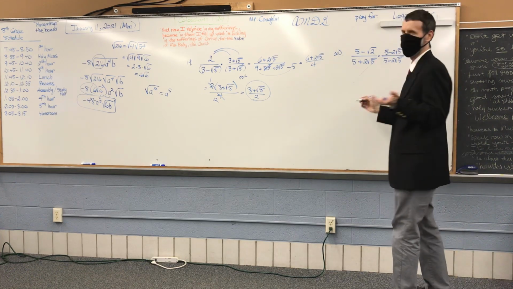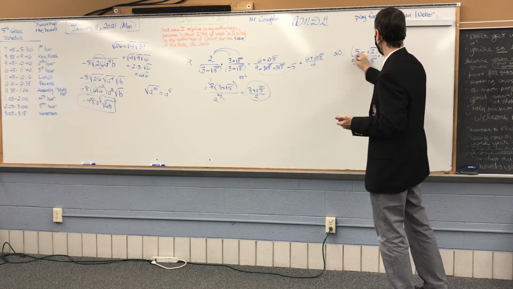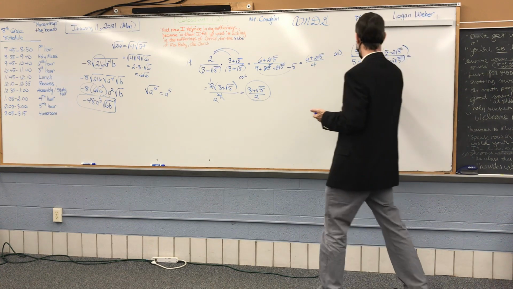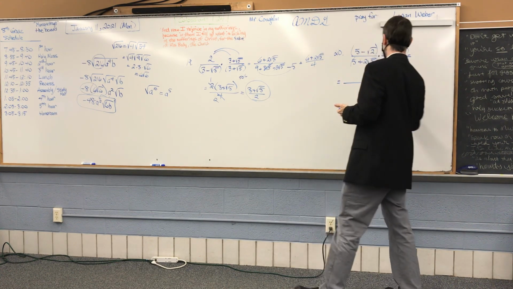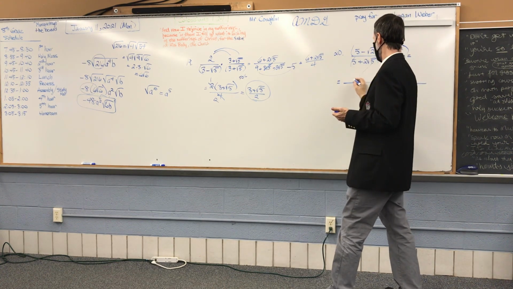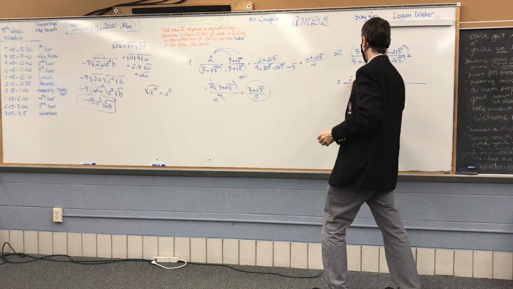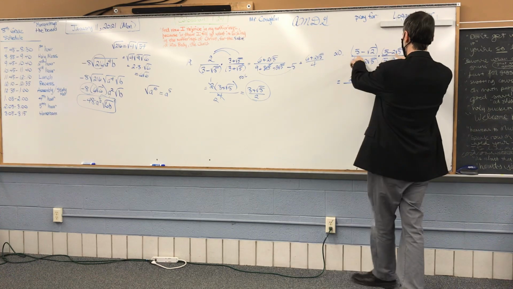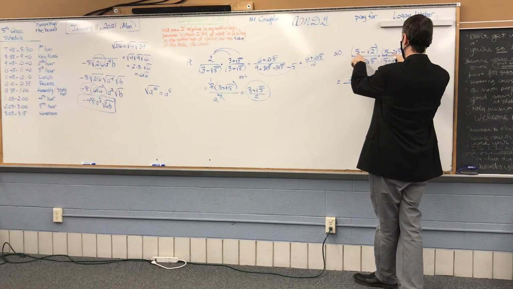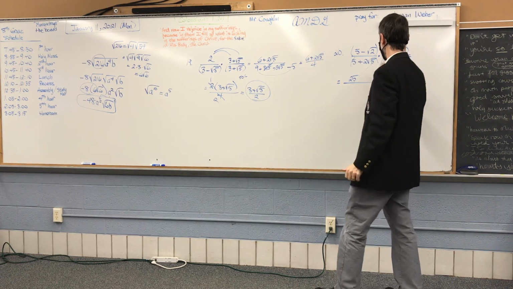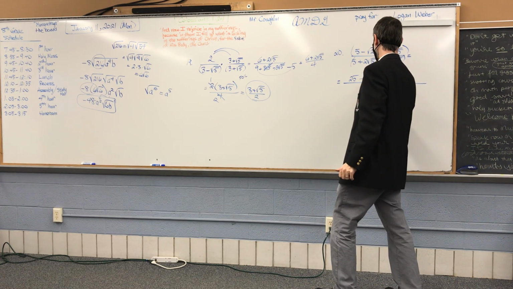How do you do the top? FOIL. Go for it. Okay, so you have 25. It would be minus 10 radical 5. Minus 10 radical 5.